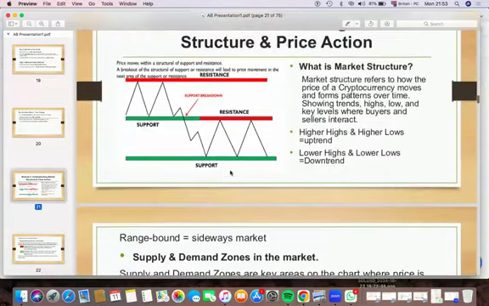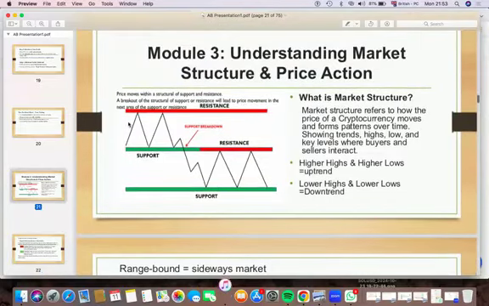So for example, from this chart here, you can see that from our resistance level, there is a key spot where when price gets to it, it always drops. This is from the example I gave you earlier.